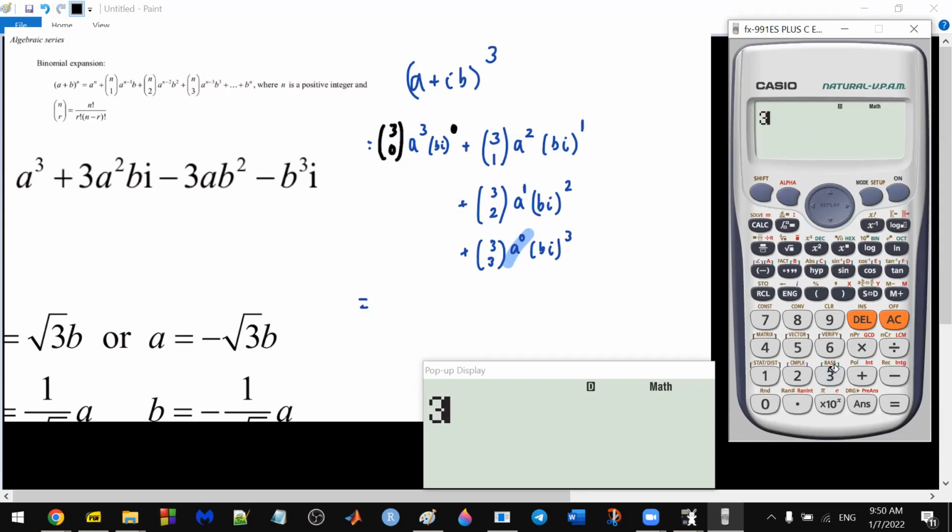You can do shift, then nCr here, the yellow one, and then you choose 0, equals. Then let's say you don't press the on button, you press the left button. You'll get back to the same value. You can press delete and change to 1, equals 3. Press the left button to recall the working, then press delete and choose 2. You get 3. Change it, delete, choose 3, you get 1. Then you can press up to see the history.